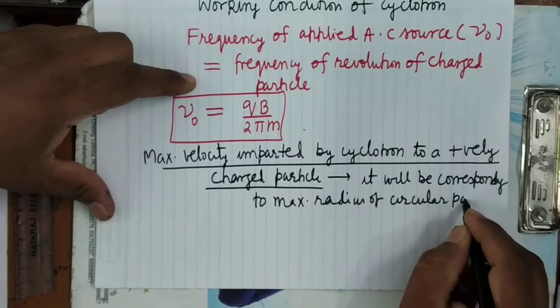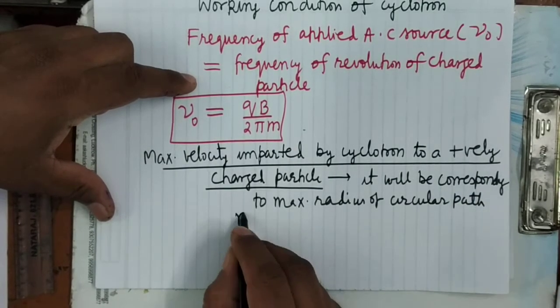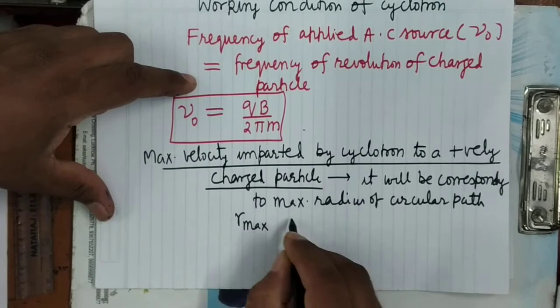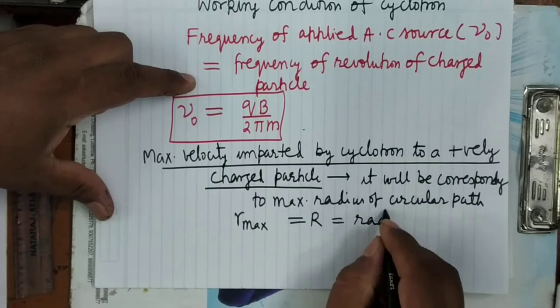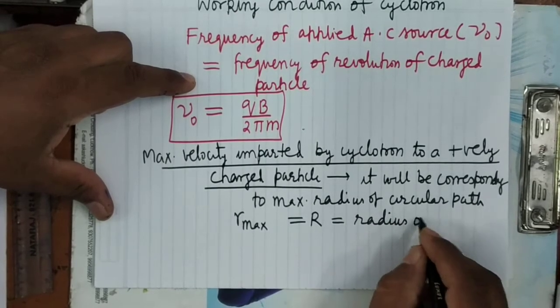And what is the maximum radius of the circular path? What is R max? It is equal to capital R, which is the radius of the Dee. Is it clear?